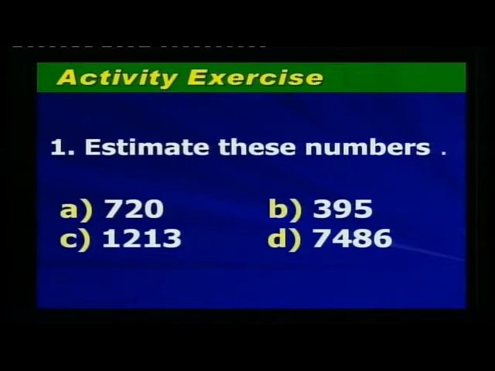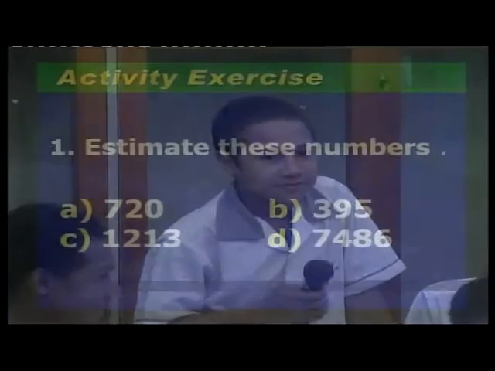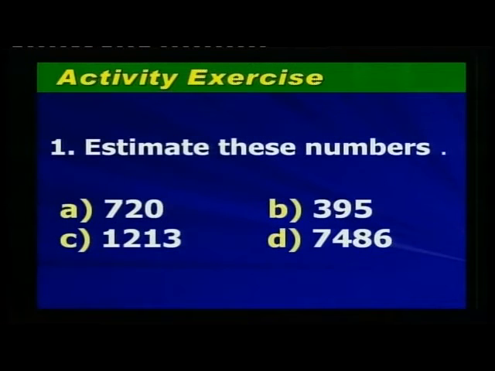Do we have 7,000? Why did we have 7,000? Robert, why did you estimate that to 7,000? Because the second number is less than 5. Okay, very good. Because the second number is less than 5.